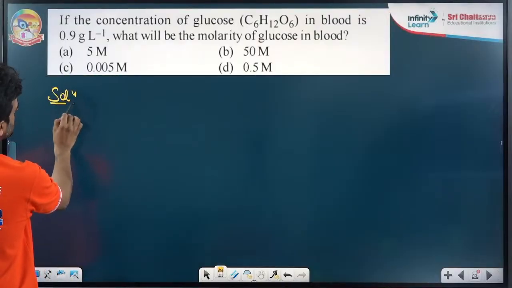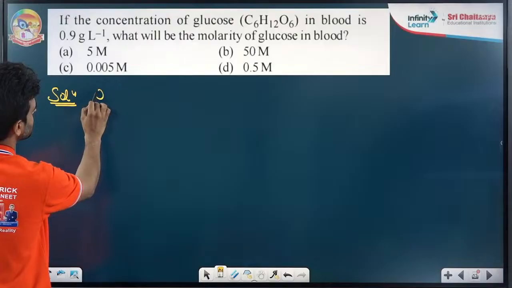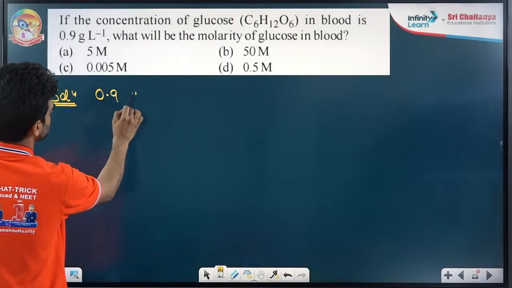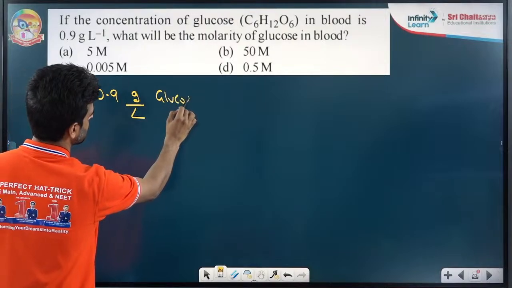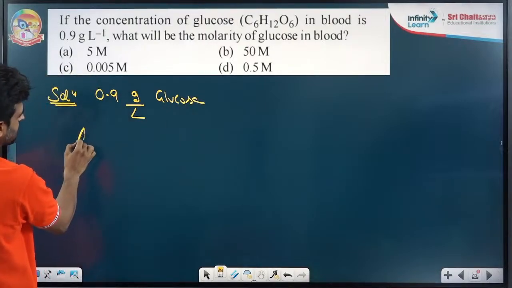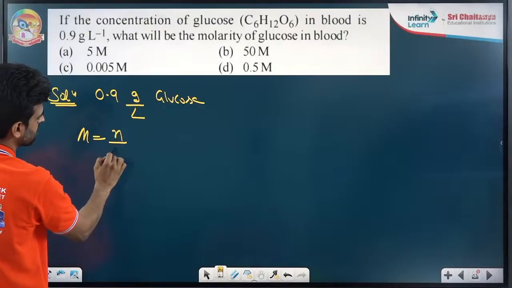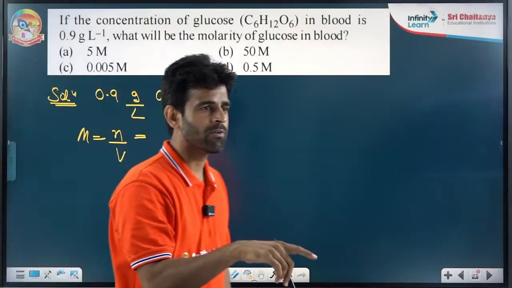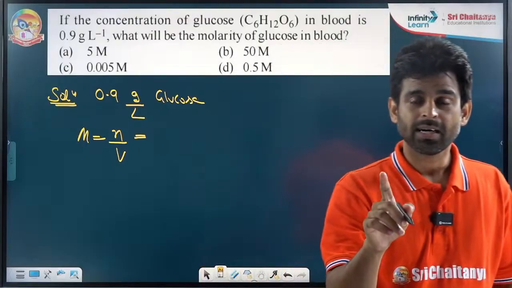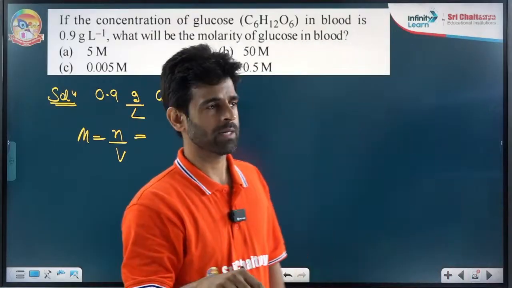Be careful about it. They are saying 0.9 gram per liter of glucose, right? But you know what is molarity? Molarity is number of moles by volume. It is not weight of solute by volume, right?